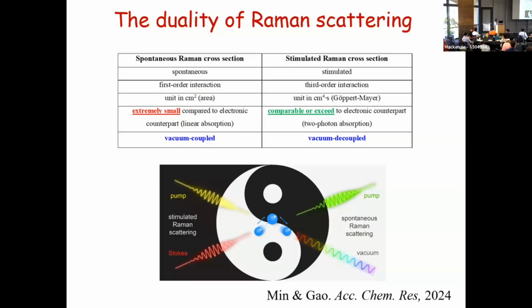If we look at the stimulated Raman cross-section, which is a vacuum-decoupled parameter accounted for solely by the intrinsic molecular properties, then it can be comparable to or even exceed its electronic counterparts, in the case of comparing with two-photon absorption.